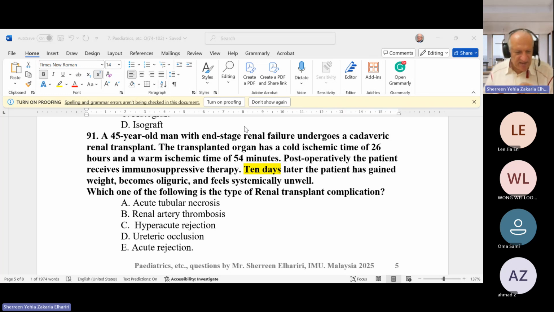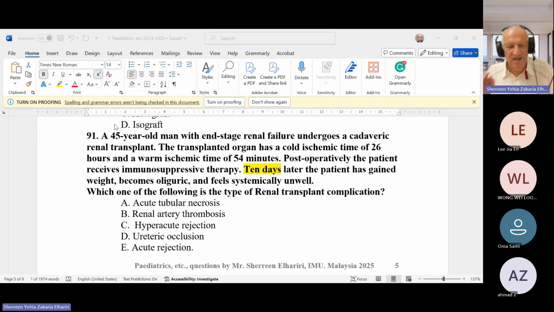After that, we have chronic rejection, which occurs due to vasculitis. It is late and is due to immune complexes. So just to avoid misunderstanding, it is type 2, 4, 3: type 2 is hyperacute, type 4 is acute, type 3 is chronic.